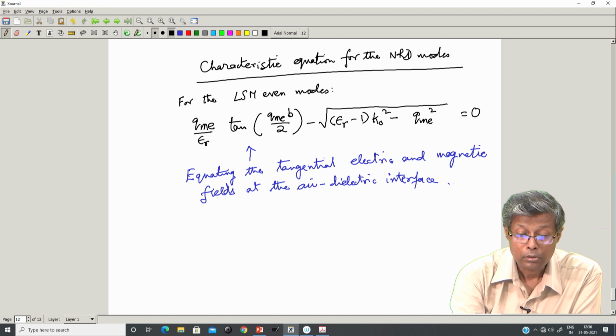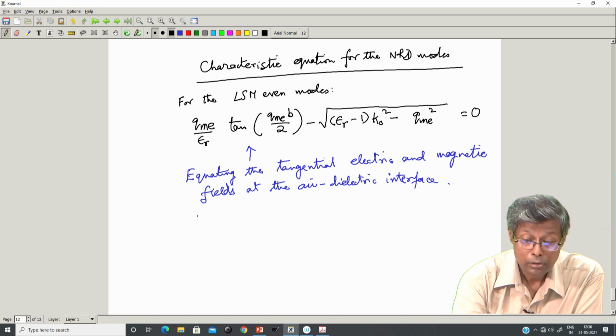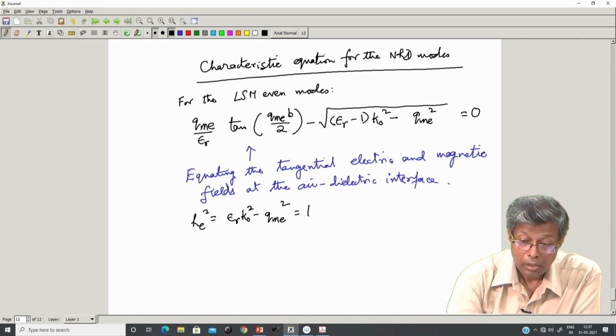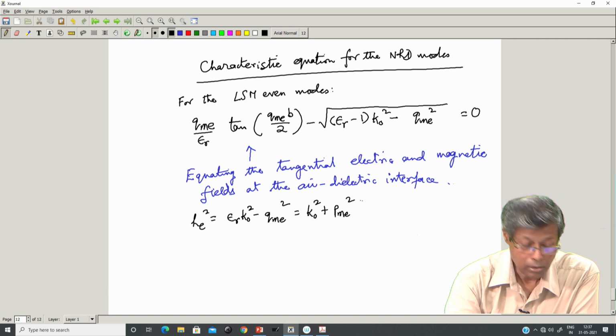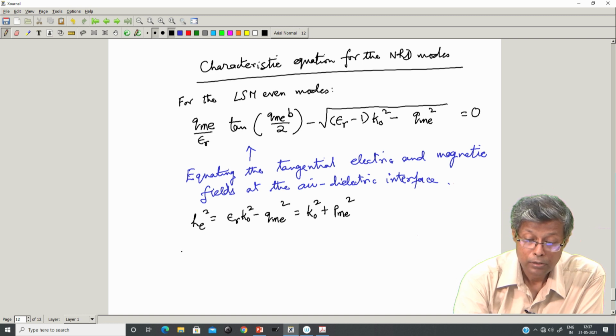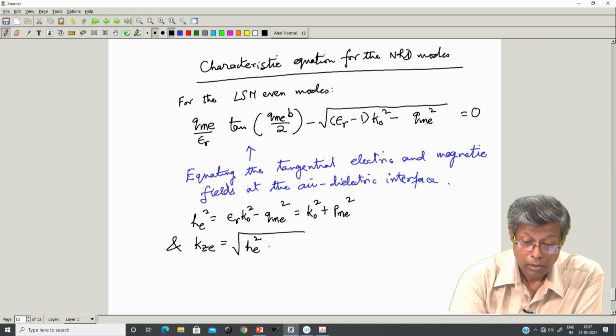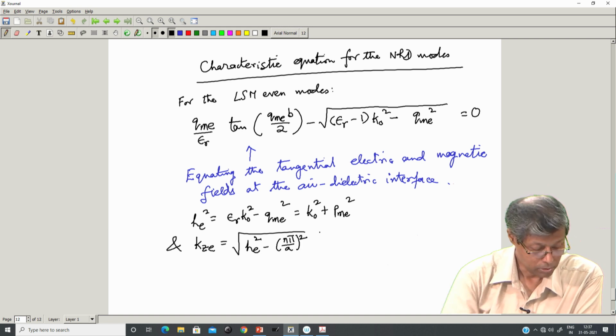And now, the separation equation will be h_e square is epsilon r k naught square minus q_me square, that is equal to k naught square plus p_me square, and k_ze is given by root of h_e square minus (n pi by a) whole square.